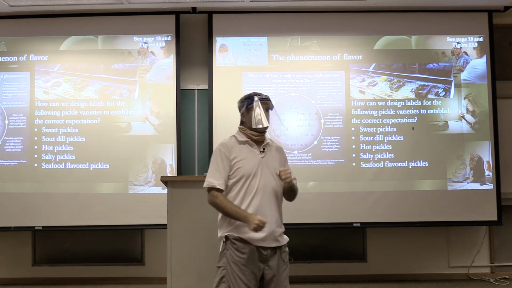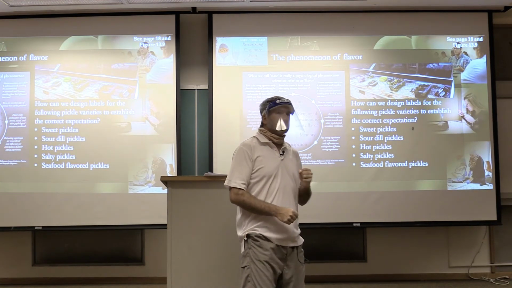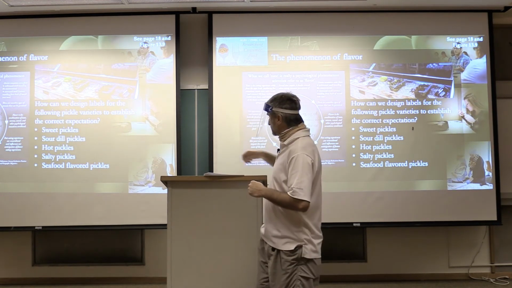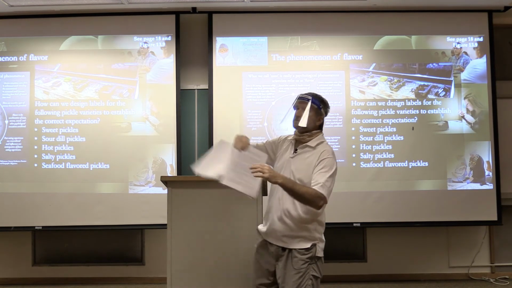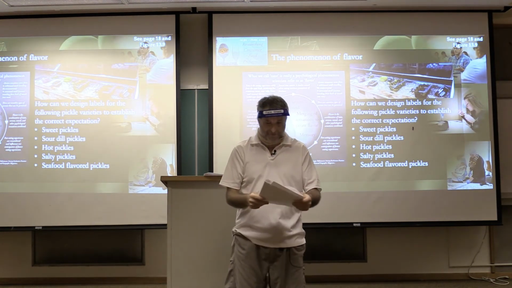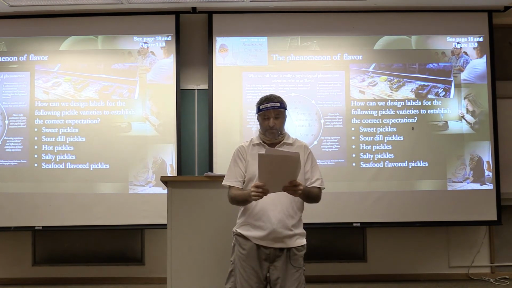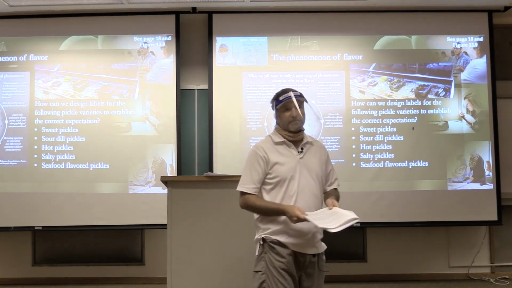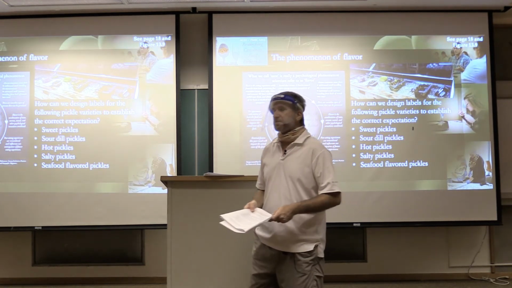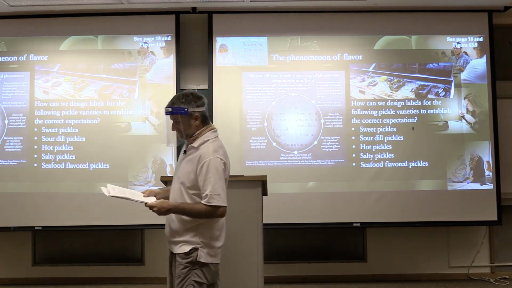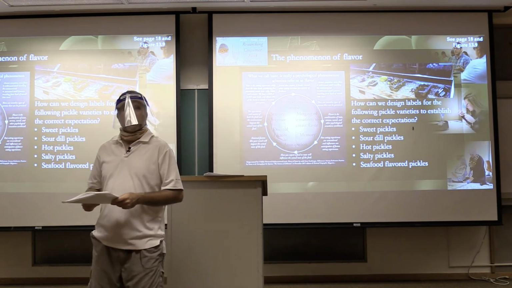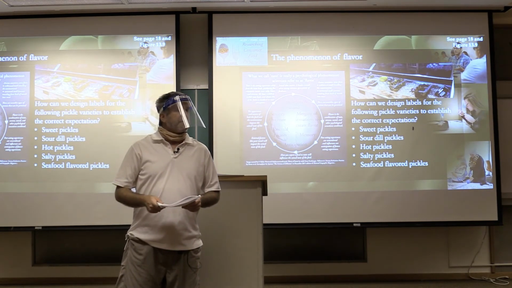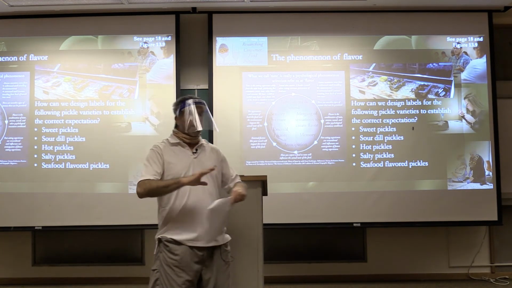Sour dill pickles. And to cheat, you want to look on page 3. Yeah, yellow and green for sourness. And then what kind of shapes for not sweet?